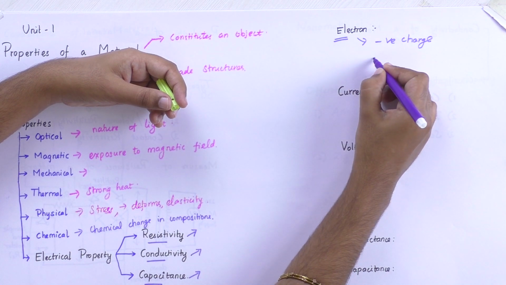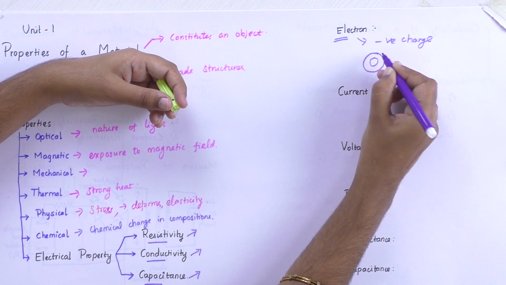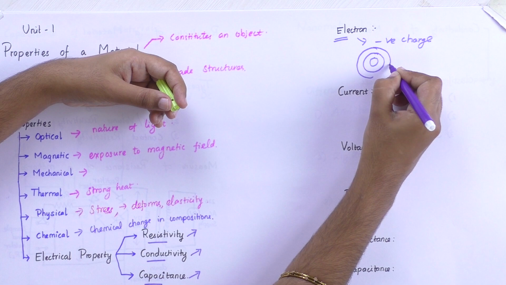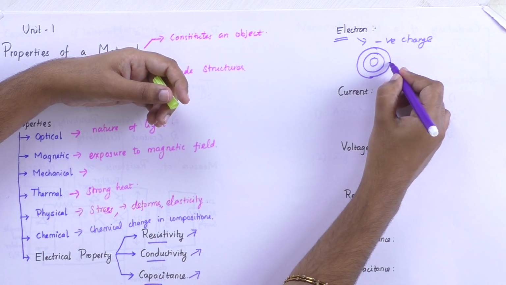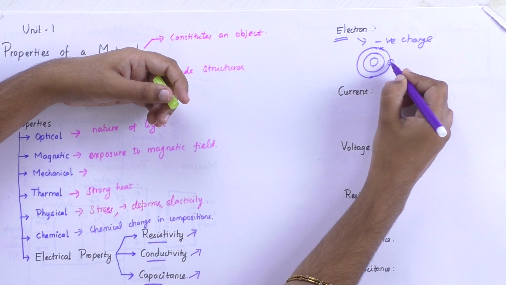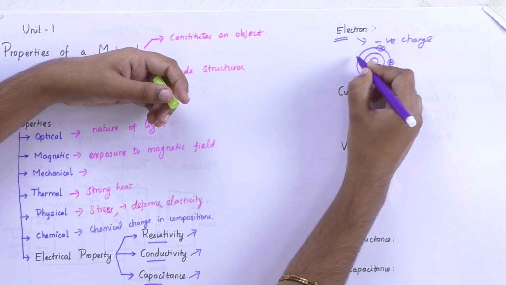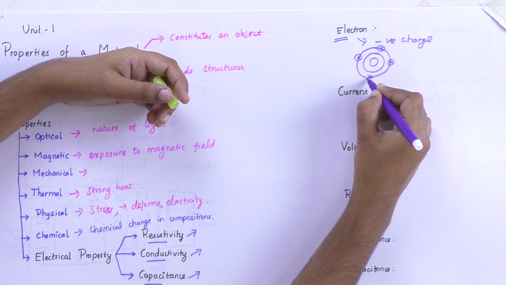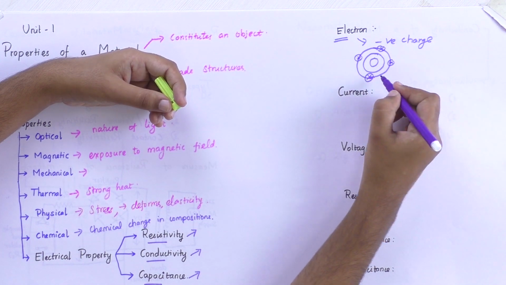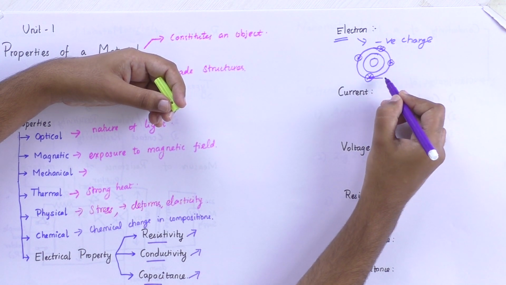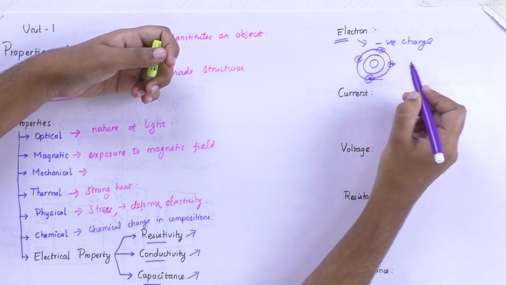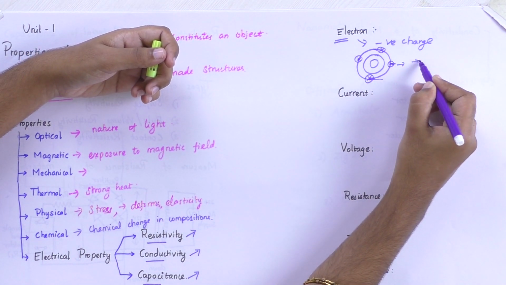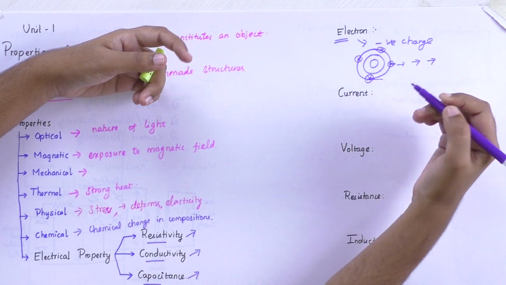An atom has different bands, and the last band is the valence band. Here electrons will be revolving. These last band electrons are called free electrons. These electrons will flow when you apply an external force. So these electrons move in a medium.